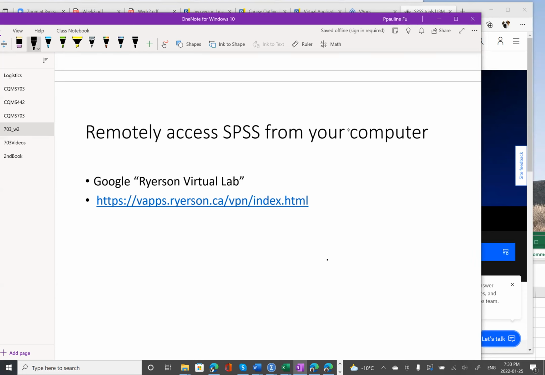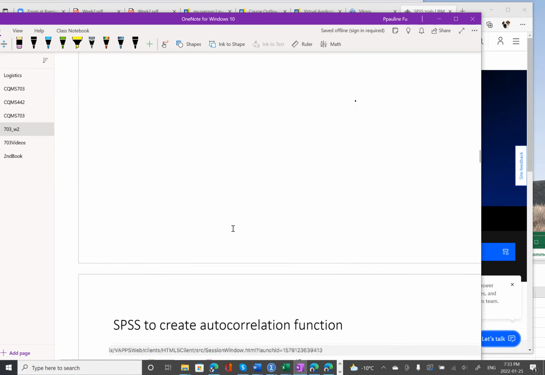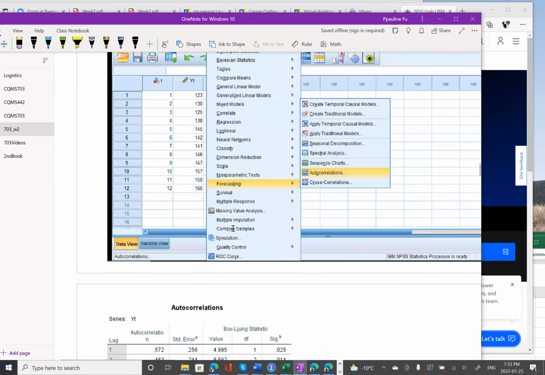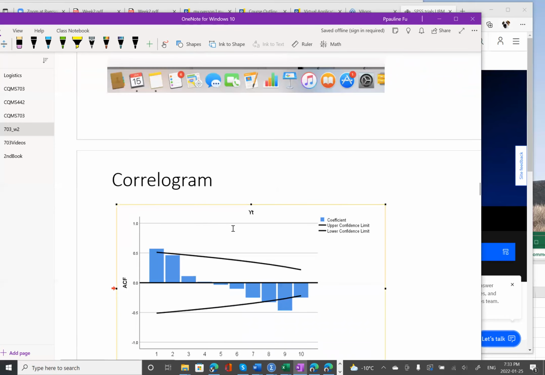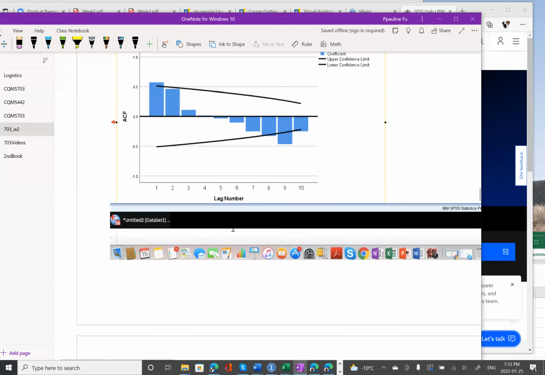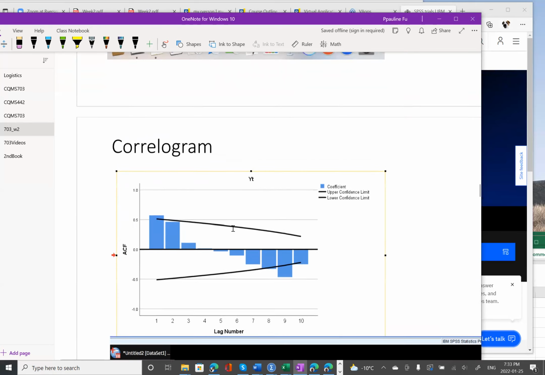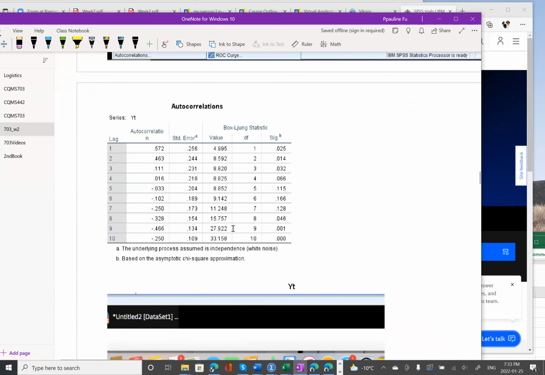All right, so before the break, we introduced autocorrelation, and we also showed you how to access SPSS. And this is the output from SPSS. Now, why do we need to do the calculation for autocorrelation?